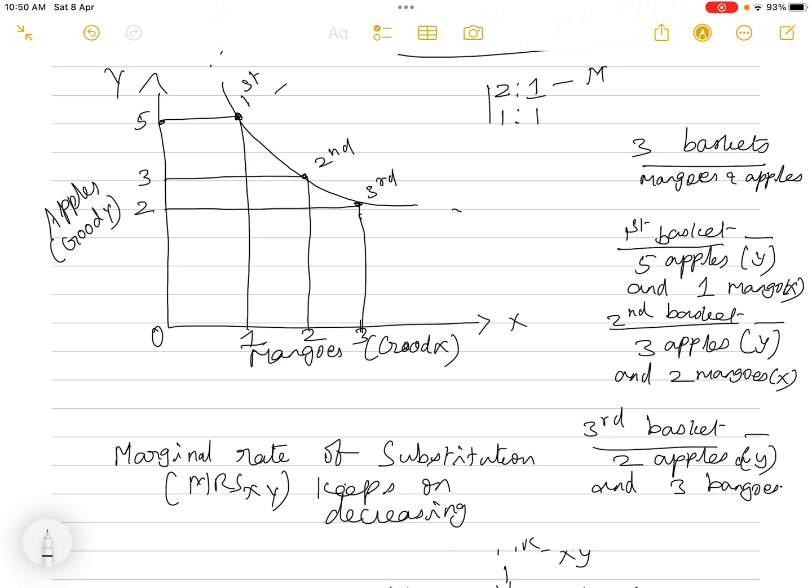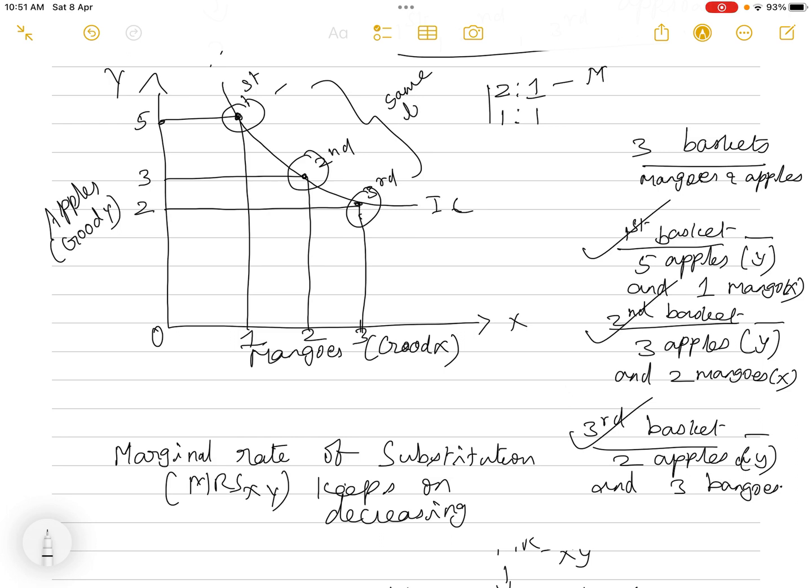Now you join these three points, you are getting a curve. That curve is called the indifference curve. The only thing is, either the consumer can pick up the first combination, that is the first basket, the second combination, that is the second basket, or the third combination, that is the third basket.